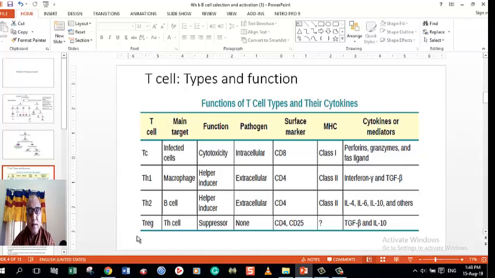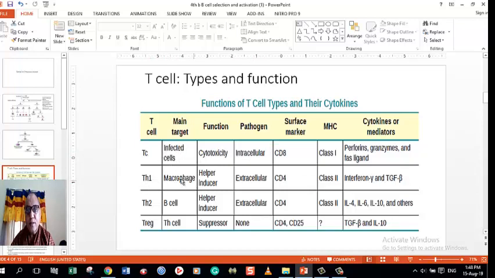T cells act directly on the infected cells and destroy them. So this brings about cytotoxicity, meaning it destroys. The cells that are infected will get destroyed by these T cells.